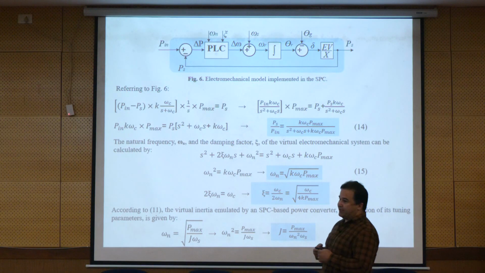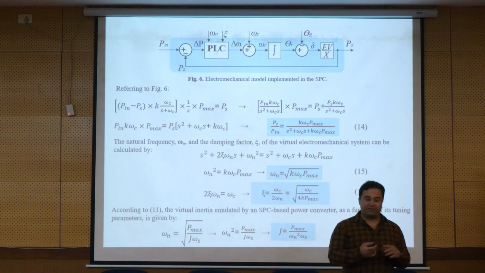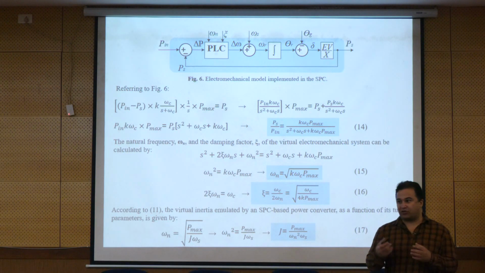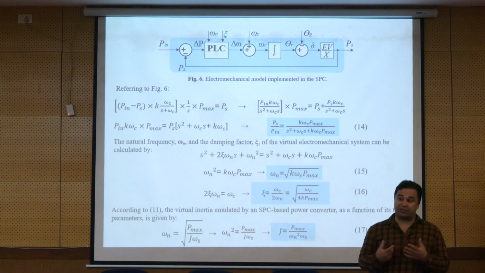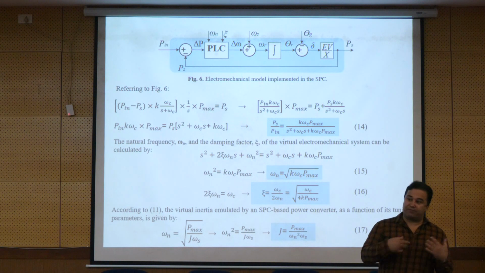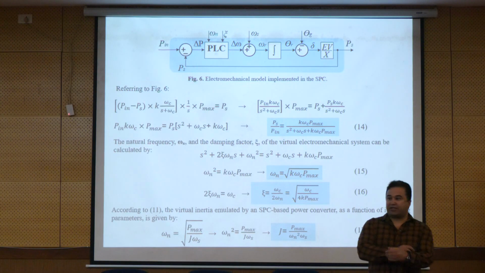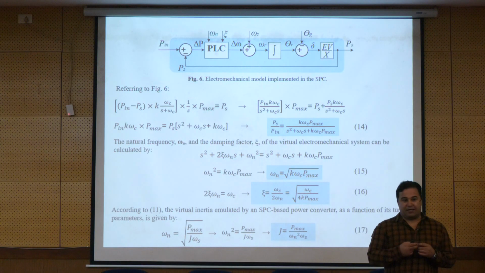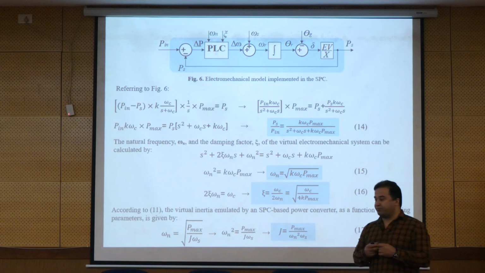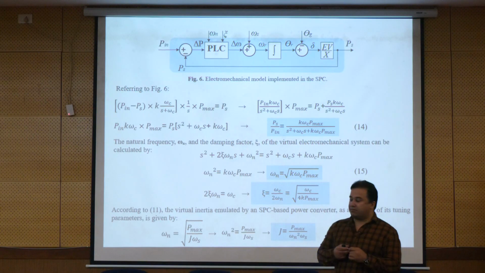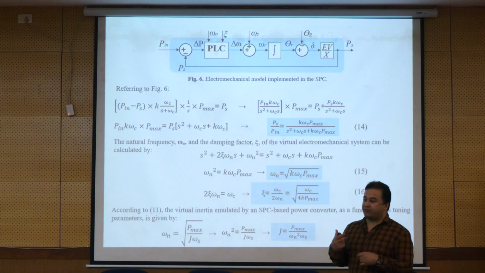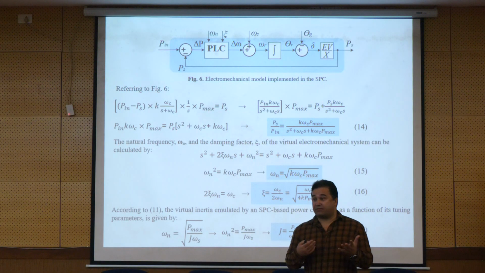Honestly, with this type of technology, we have different types, because the virtual synchronous generator is not just based on this one. We have virtual impedance, virtual admittance, and different types of technology that we can consider. If I compare this one with virtual impedance, I might say this is better because it has fewer disturbances.